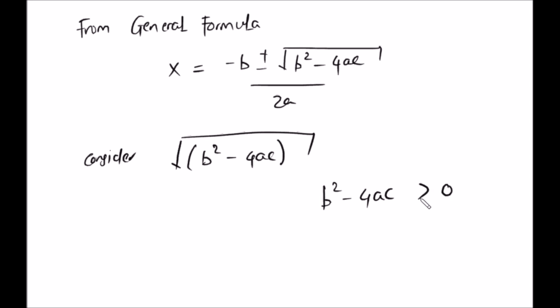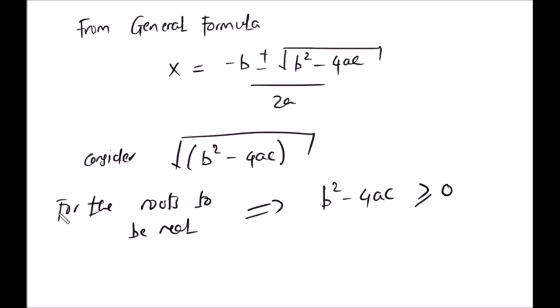Positive manake greater than 0, au labda awe 0, kwa sababu square root of 0 is 0, which is also a real number. 0 is a real number. So for roots of a quadratic function to be real, then b squared minus 4ac should be greater or equal to 0.